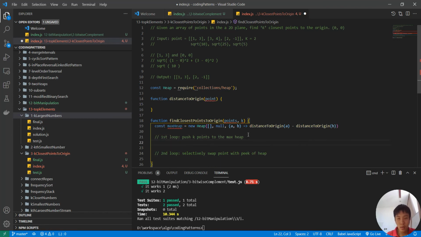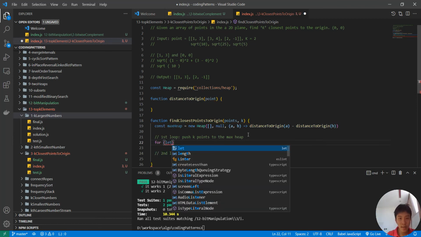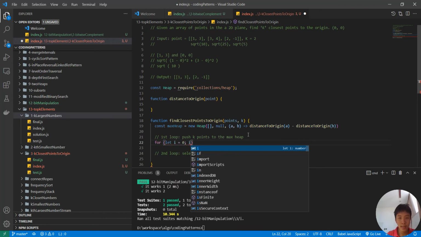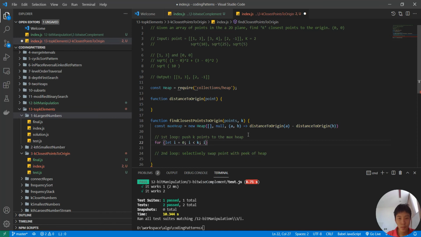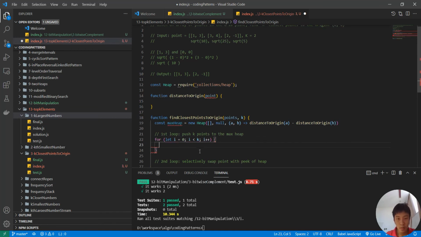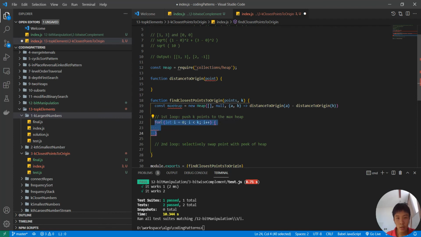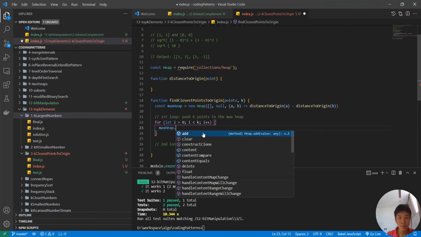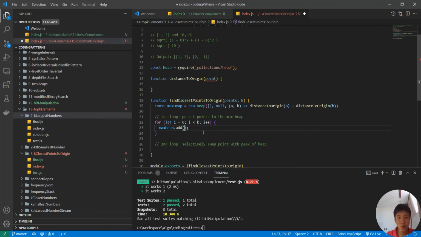So for the first loop, push K points to the max heap. We use a for loop where i equals 0, i less than K, so i will run from 0 to K minus 1, a total of K loops here. So after K loops we have K points in the max heap. So max heap push the point at the current index, which is i.